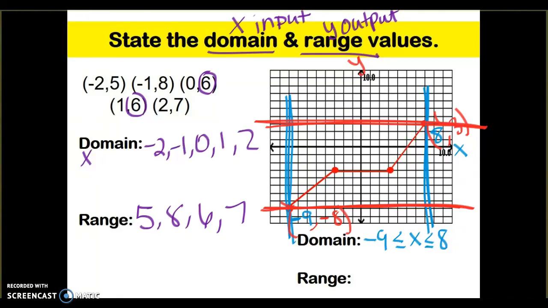So the smallest value that I'm going from is -8, which is less than or equal to y, which is less than or equal to 3. So again, the smallest y value is -8, and I can go all the way through to 3, which is the highest my y value can go.